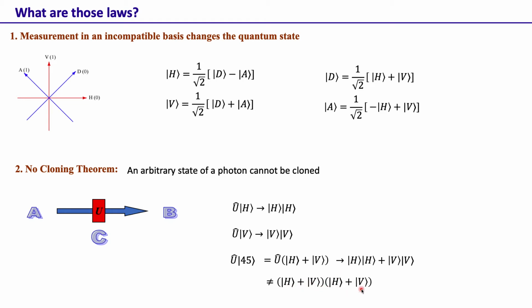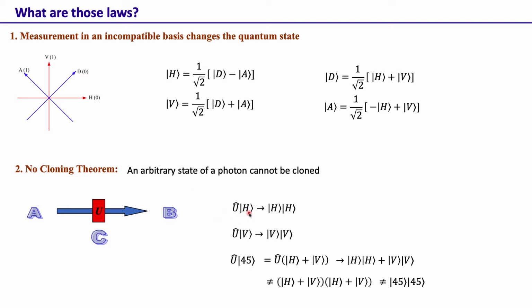If we had gotten that, it would have meant that it had cloned the 45-degree polarized photon. So the machine that can clone H and V cannot clone a 45-degree polarized photon. That's the very simple proof that shows that an arbitrary quantum state cannot be cloned.